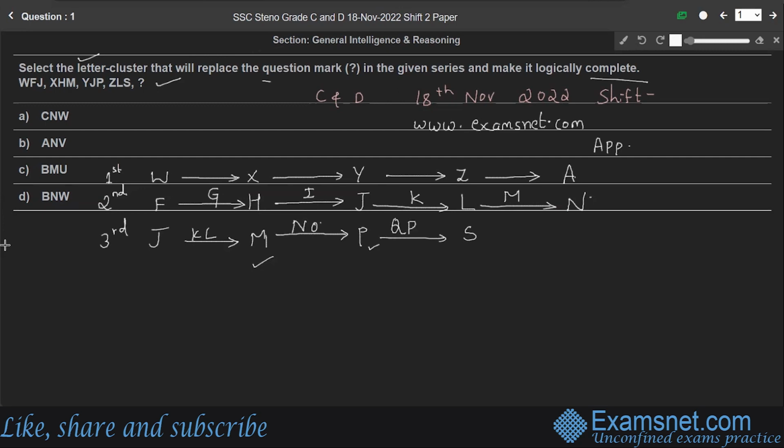Q and R come after P. Then comes S. The third letter of the last cluster will be after S, T and U come, then next we have V. Therefore, A, N, V will be the last cluster. Option B is the right answer.